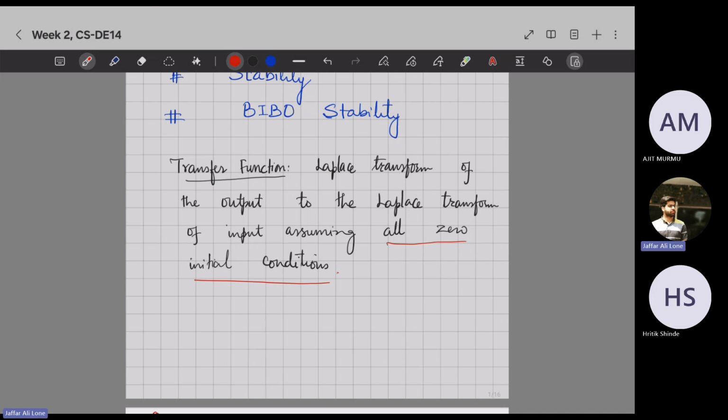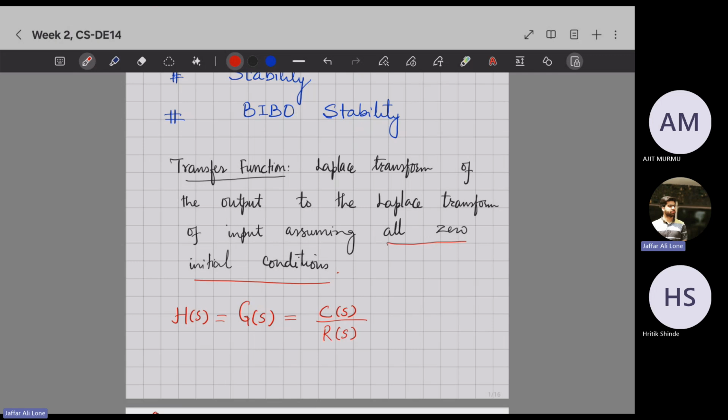We write transfer function sometimes with G of S, sometimes with H of S. It's given as Laplace transform of output to the Laplace transform of input with zero initial conditions. Okay, so this is it.